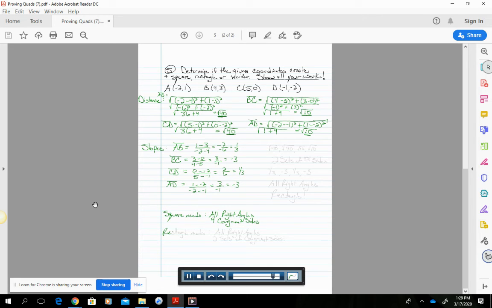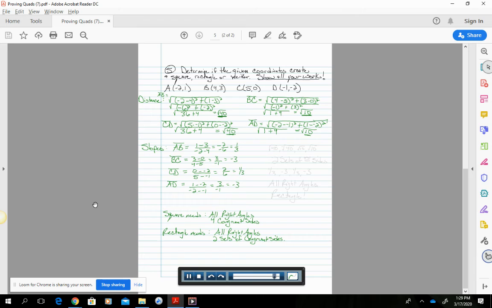A rectangle needs the following. It needs all right angles and it needs 2 sets of congruent sides. If it's any other mix or anything else, then it's not a square and it's not a rectangle.